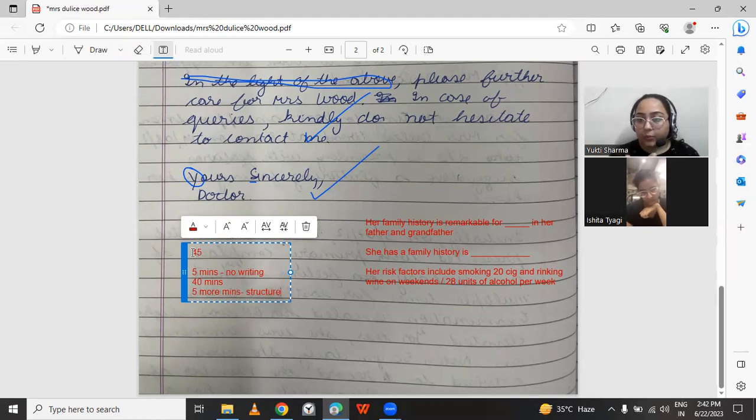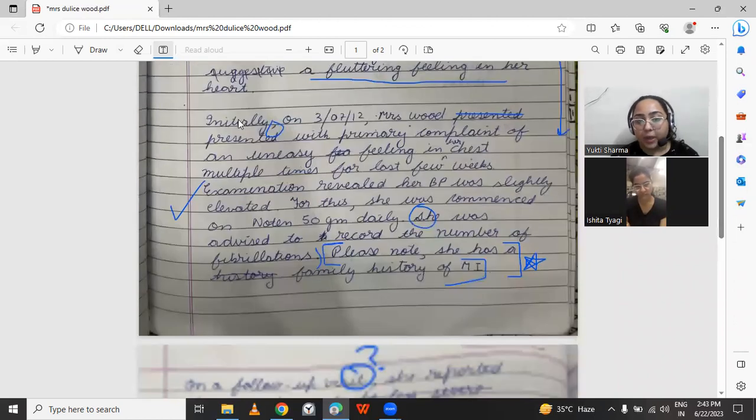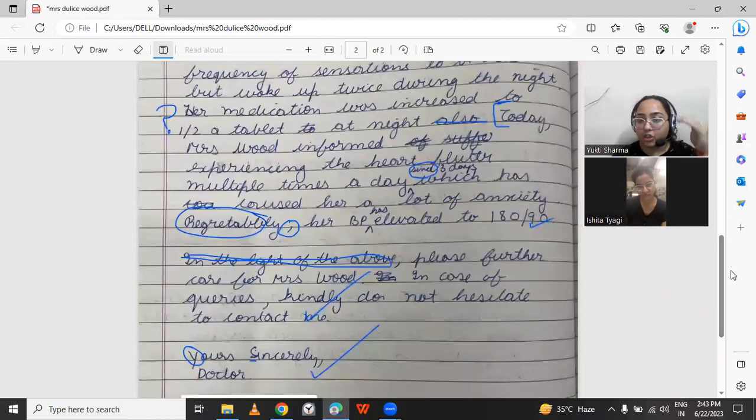I will share that sample sheet with you. You will see that two sides of that sheet are entirely blank. You can use that blank paper to make short notes: in the intro I will write this, in the first paragraph this, and the second. Suppose you're structuring the letter. As you write the first paragraph, it may strike you that you're adding family history there, and when you come to the third paragraph, you may think family history merges in a better manner here. You can exclude it and write it here.